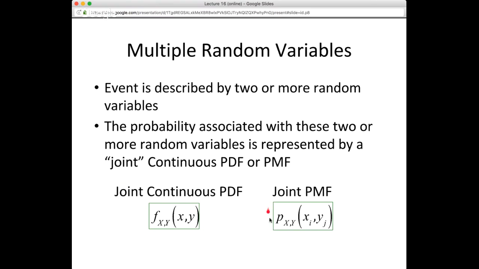If we have a problem which involves discrete random variables, then we would be looking at a joint probability mass function, or joint PMF. And in that case, we're looking at the probability associated with the random variables x and y taking on a specific set of values xi and yj.